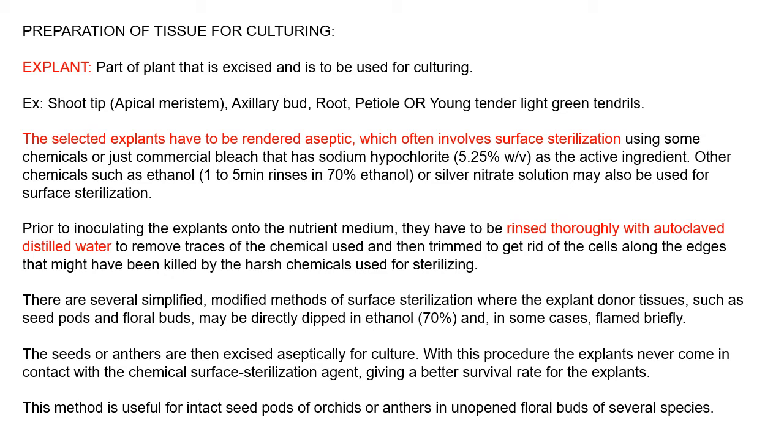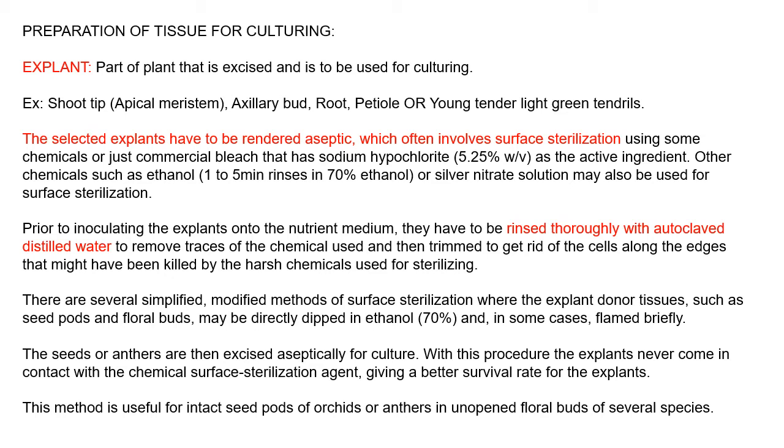There are several simplified modified methods for surface sterilization where the explant donor tissue, such as seed pods or floral buds, may be directly dipped into ethanol, and in some cases they can be flamed briefly. Not all explants can be surface sterilized using sodium hypochlorite. So you can just dip them in ethanol, let the ethanol evaporate, or go with brief flaming.